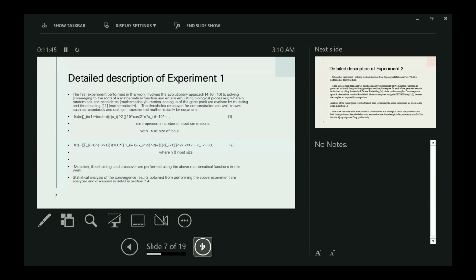They are mutated by applying a mathematical operation and thresholded with respect to the error that is obtained with the three mutants. And if the threshold exceeds a certain limit, then we inject that candidate into the solution pool and evolve the solution pool.